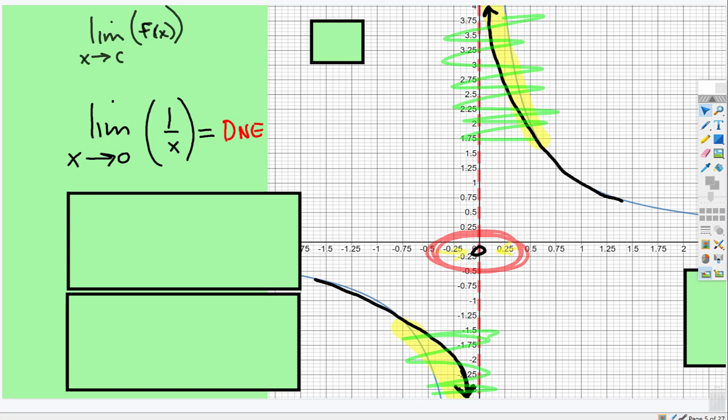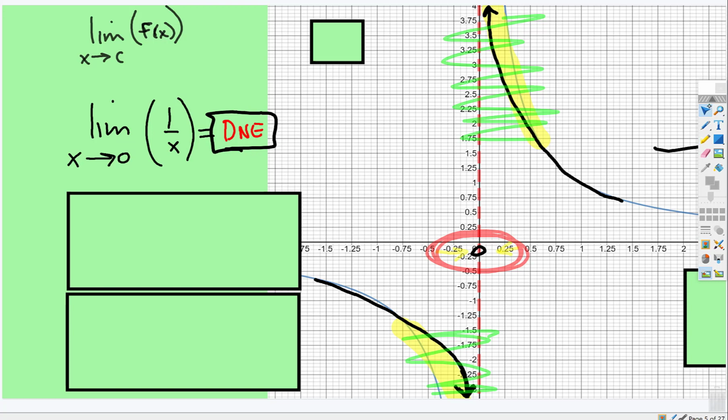Or even if both sides did agree, but you're not approaching an actual value, you're headed towards infinity, the answer that you give is does not exist, and you can put capital D N E. For a limit to exist, it has to be approaching a real number.